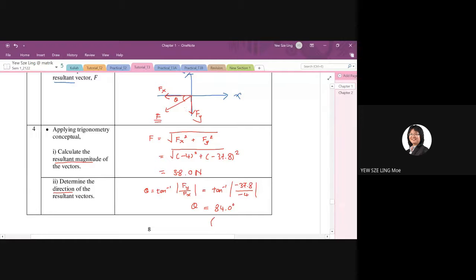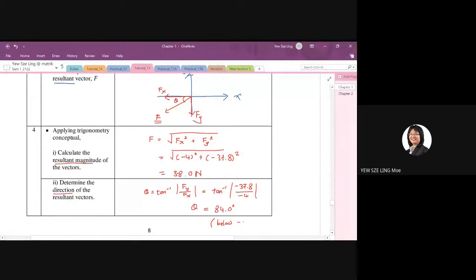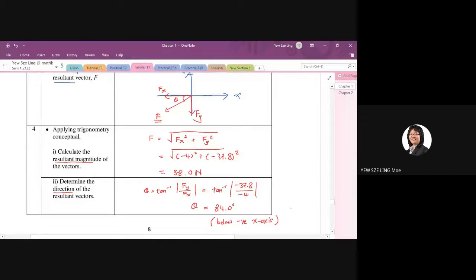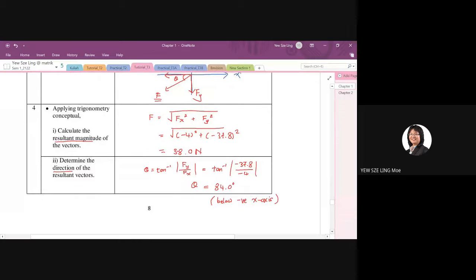The third quadrant is below the x-axis, so start from below. Is the third quadrant on the positive or negative side of the x-axis? Obviously, it's negative. So below negative x-axis. That is the final answer.